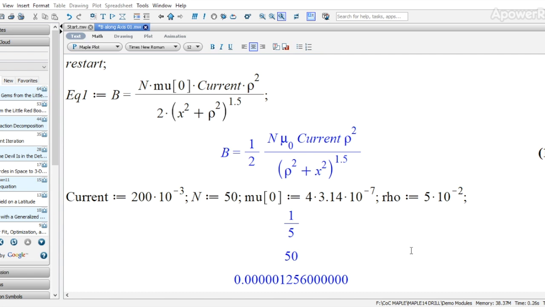Now here we have preferred some numerical values. That current is 200 milliampere, number of turns are 50, mu for free space we have picked up, and radius of the coil is 5 centimeters. It is converted into meters and shown up here.